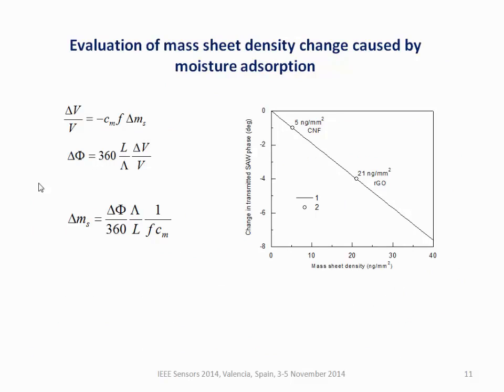From this, we could estimate the mass of absorbed moisture by each layer. These points correspond to the largest humidity, but we can also extract the change of absorbed moisture at any point of humidity.